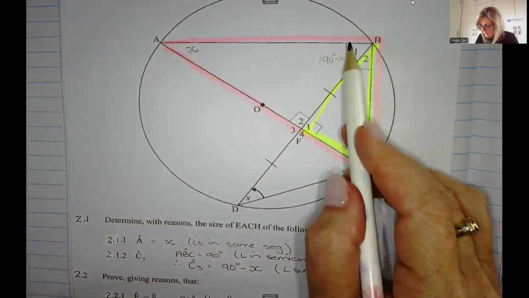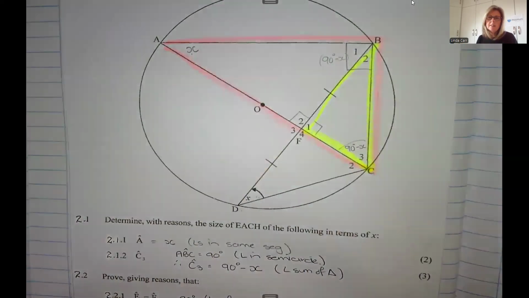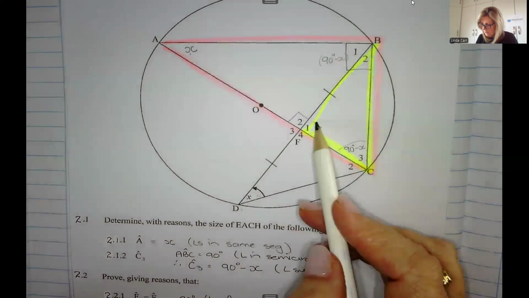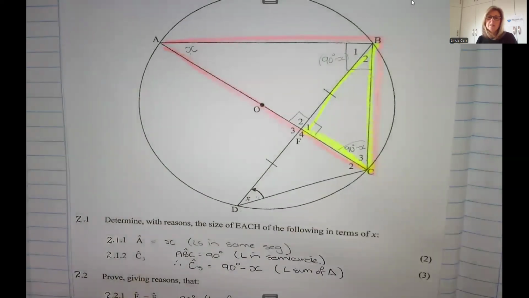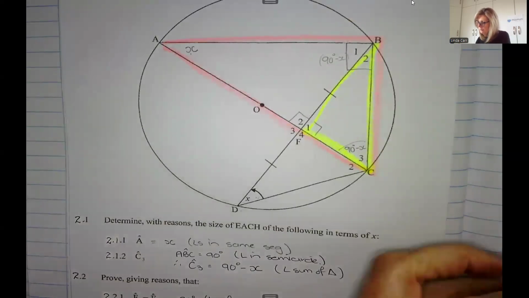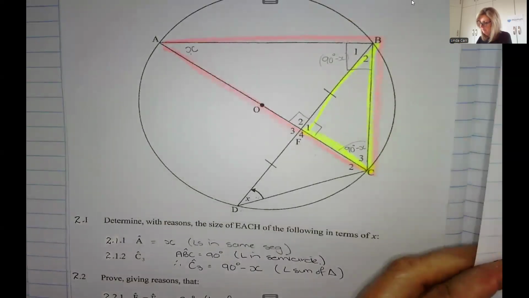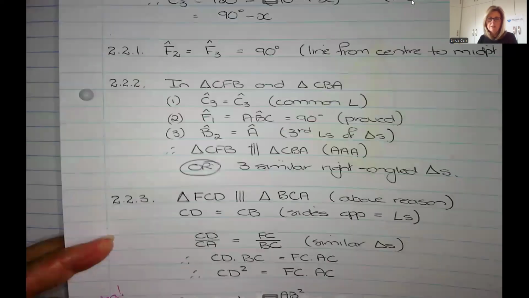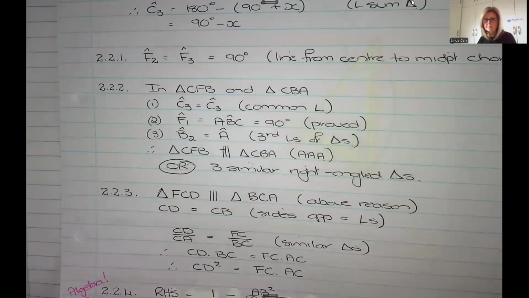We've got the whole of angle B is 90, and we've got F1 is 90. So we actually have enough information to prove the pink and yellow triangles similar to each other. Remember, when they ask you to prove that 2 triangles are similar, I'm going to use my TV chef solution here.